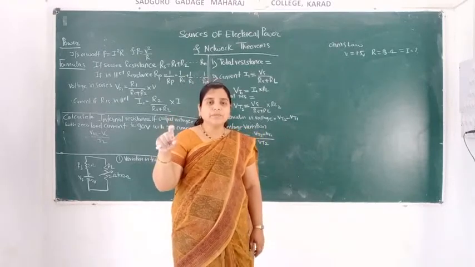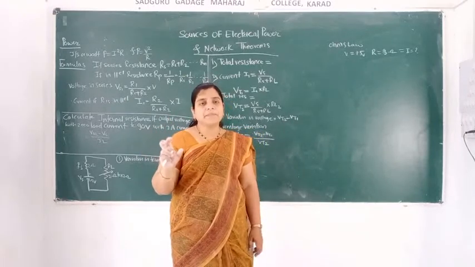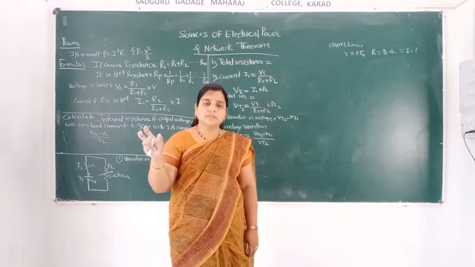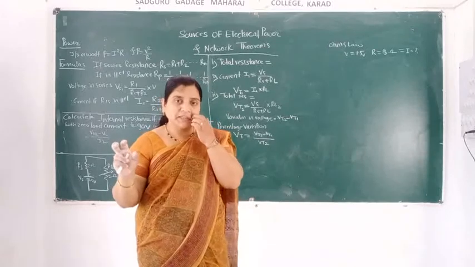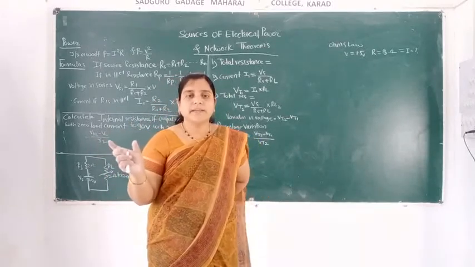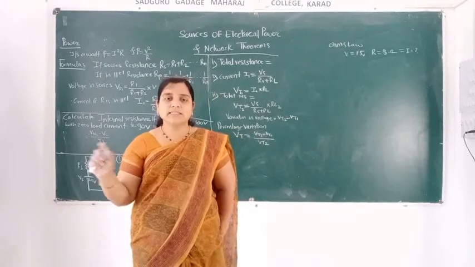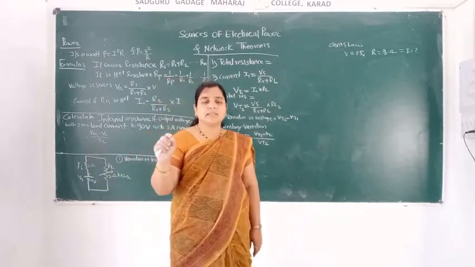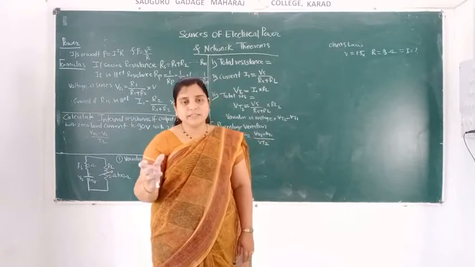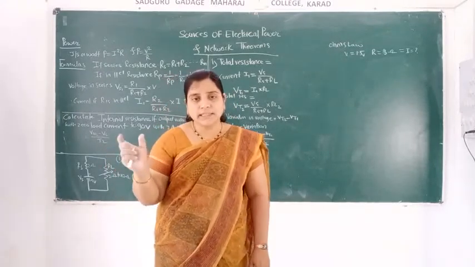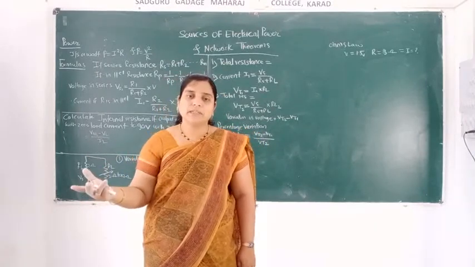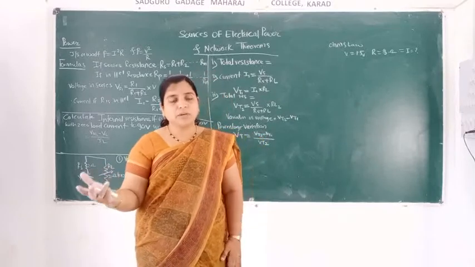The amplitude variation with respect to time is shown by the time per division. For calculating the frequency, we observe T, then calculate the frequency by the formula F is equal to 1 upon T.